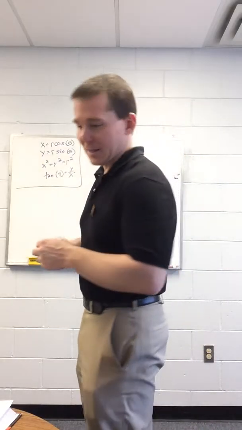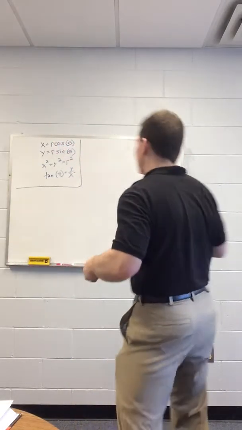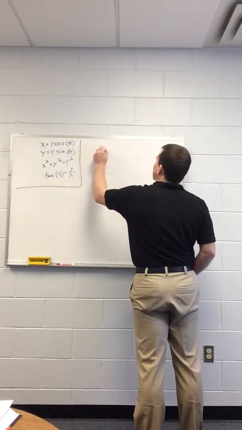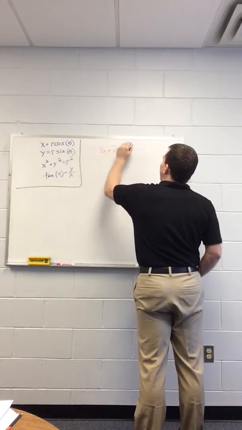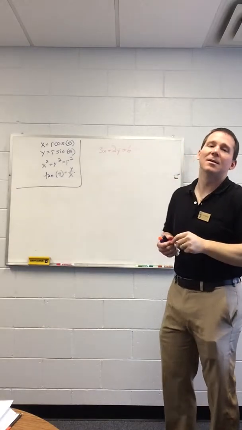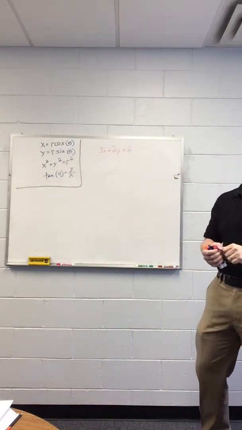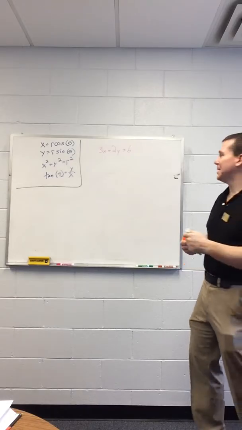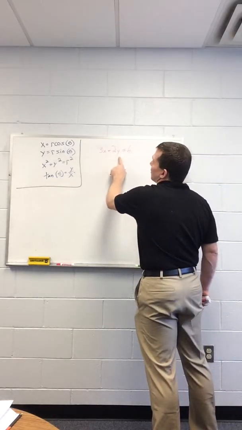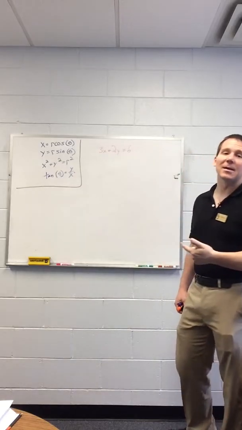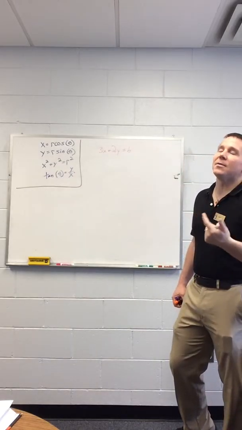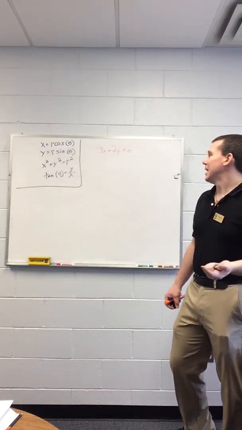So, for the sake of argument, suppose we have this equation right here in rectangular coordinates. 3x plus 2y equals 6. I want to write that rectangular equation as a polar equation. All that means is I have to get rid of the x and the y and write them in terms of r and theta. There are different algebraic ways to do it.